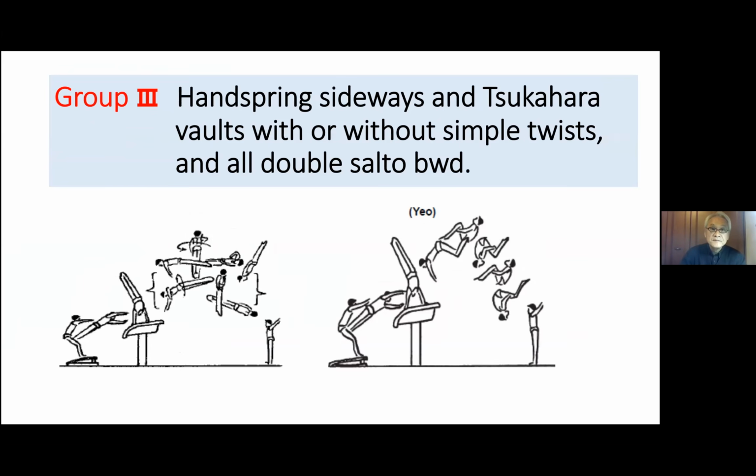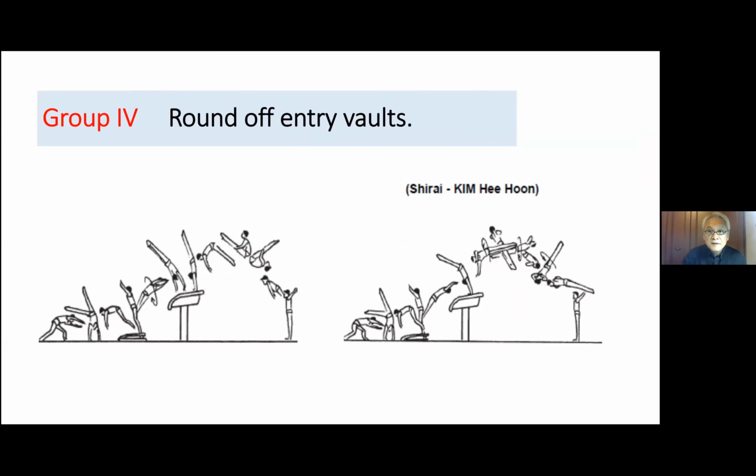Group 3, handspring, sideways, and Sahara vault with a whole, simple twist, and all double salto backward. And group 4, round off entry vaults.